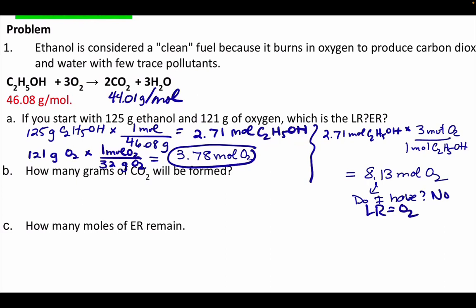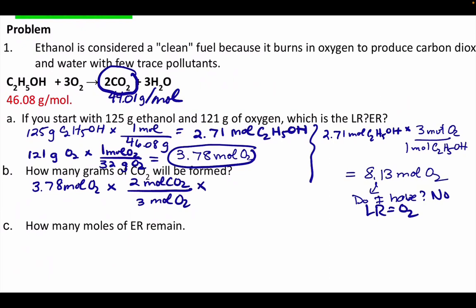So now that I know that's my LR, if I want to know how much product is formed in letter B, I'm going to start with my LR. I could start with grams and then go to moles, but I'm going to start with moles this time just because I had already done it. And I'm switching over to carbon dioxide. So there's 2 moles of CO2 for every 3 moles of O2.